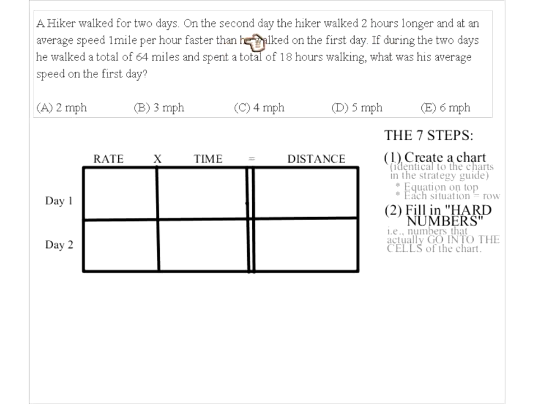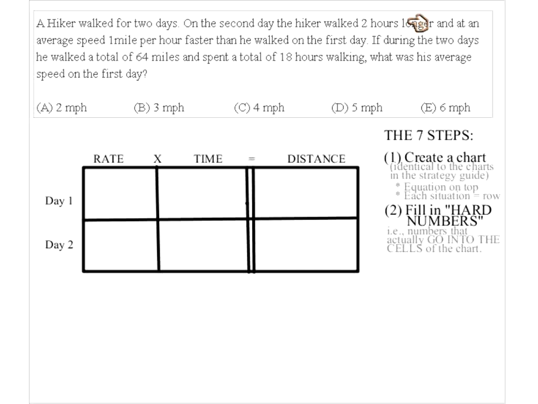Now, the mileages you can't figure out right now, but sometimes you have to just get stuff out of this statement. For instance, if you spend a total of 18 hours walking and you spent 2 hours longer on the second day, then you can just figure out the actual hard times. Can anybody just spit out those numbers?